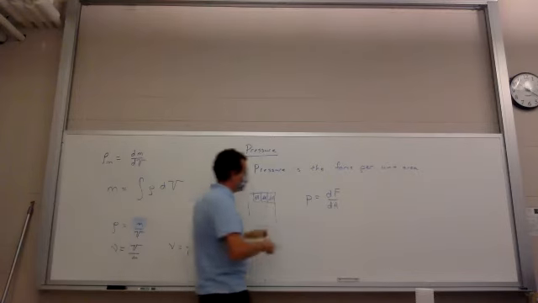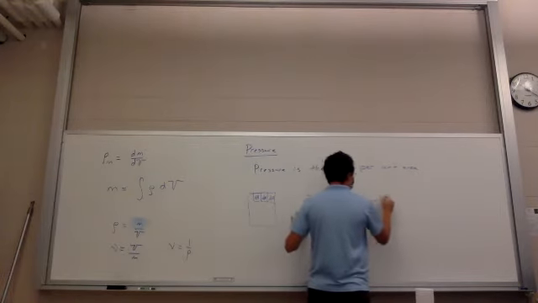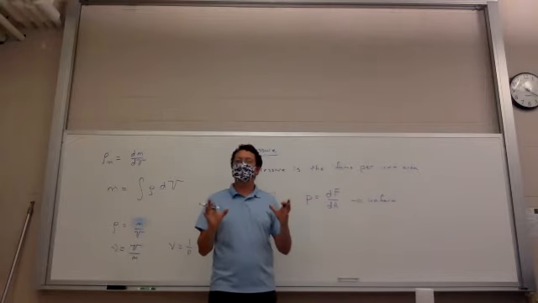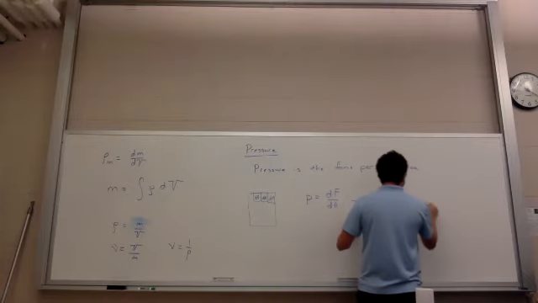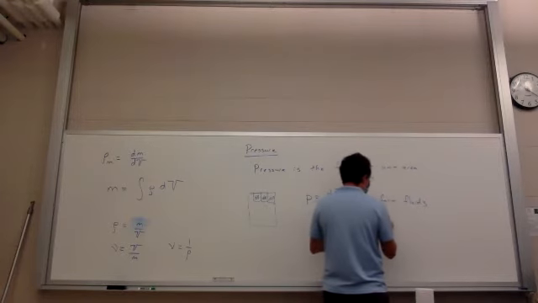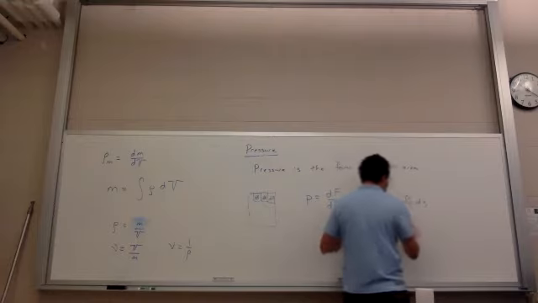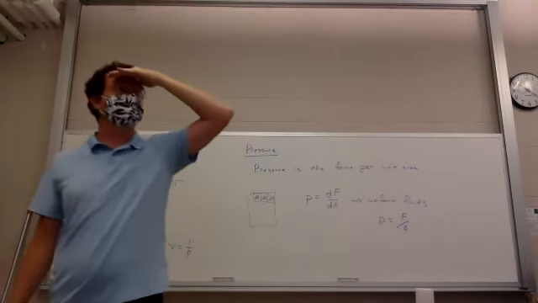For us, for a uniform, which means everything, the rates of change are all going to be constant. Uniform fluids, we could just say that the pressure is the force divided by the area. So it's force per unit area. We'll just divide them. It'll be that simple.